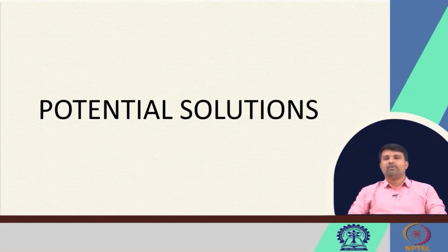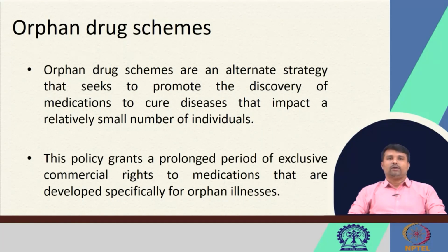Now, let us see what are the potential solutions. Let us start with orphan drug schemes. Orphan drug schemes are an alternative strategy that seeks to promote the discovery of medications to cure diseases that impact a relatively small number of individuals.